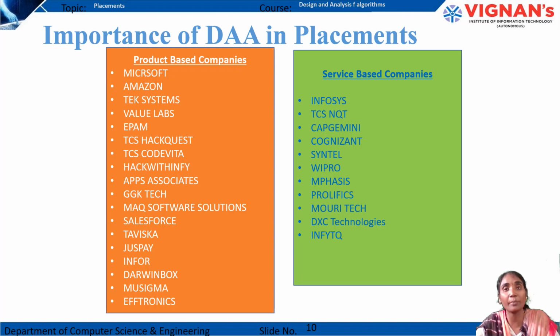All these companies at present are hiring with the help of an online exam, and in your online exam you are going to solve a set of problems which they expect you to solve with either a dynamic programming, greedy, or backtracking approach. These approaches you are going to learn in this course. That's why this is very important for your placements as well as for your GATE exam. Even in the GATE exam you will have many questions from this subject.